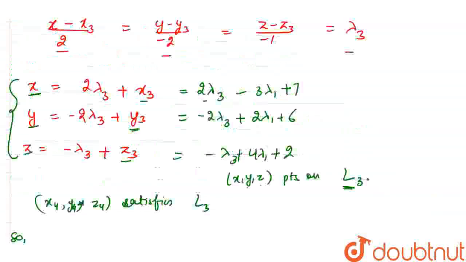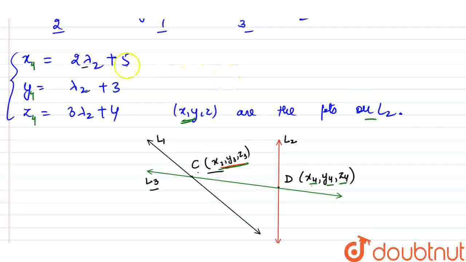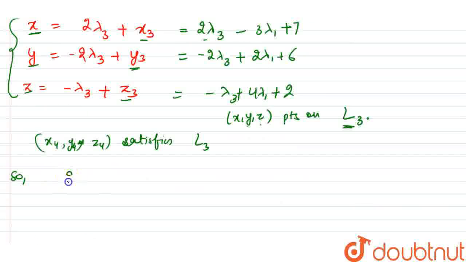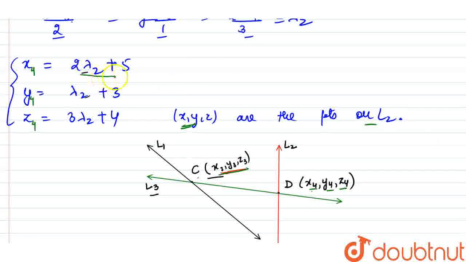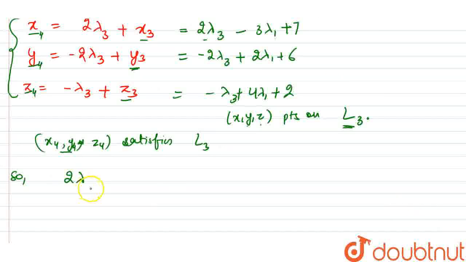So on putting x4 here, this is 2 lambda 2 plus 5. We are substituting x4, y4, z4 here, because this satisfies line L3. So x4 we have is 2 lambda 2 plus 5, and this is equal to this value, 2 lambda 3 minus 3 lambda 1 plus 7.